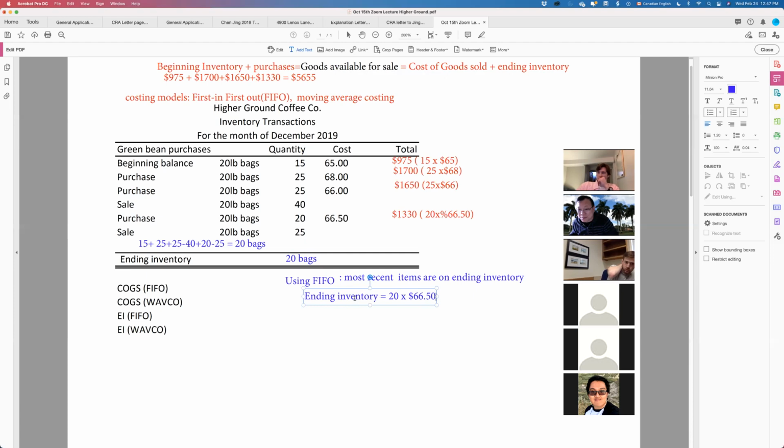So your ending inventory cost would be 1,330. Can anyone tell me what's my cost of goods sold?